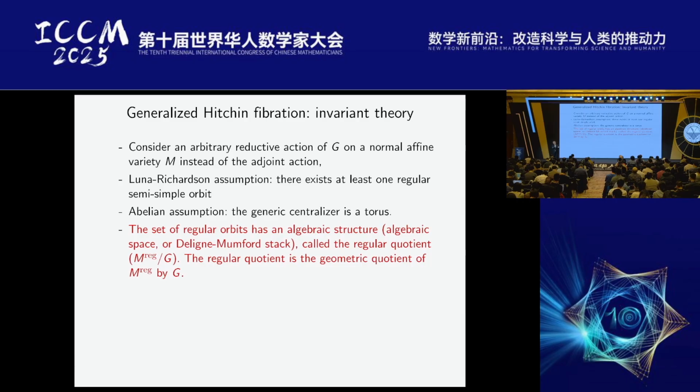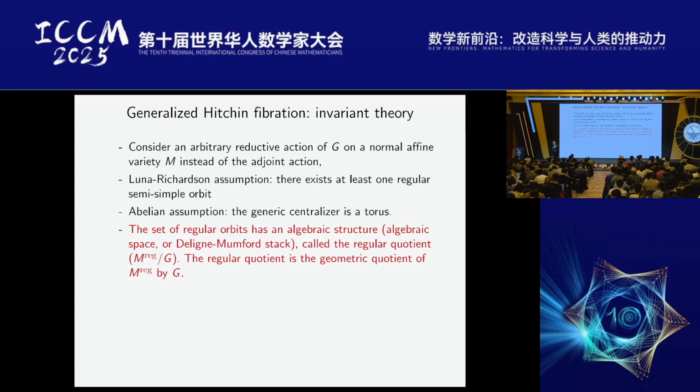But it happens not to be an affine scheme. It's not even a scheme. It's very often an algebraic space, or maybe even a Deligne-Mumford stack. But let's ignore that; it's basically an algebraic space. It's not a scheme. But then you have a map from that geometric quotient, the regular quotient, to the invariant quotient.